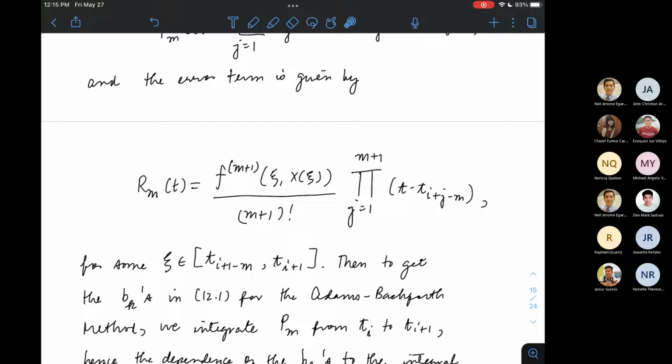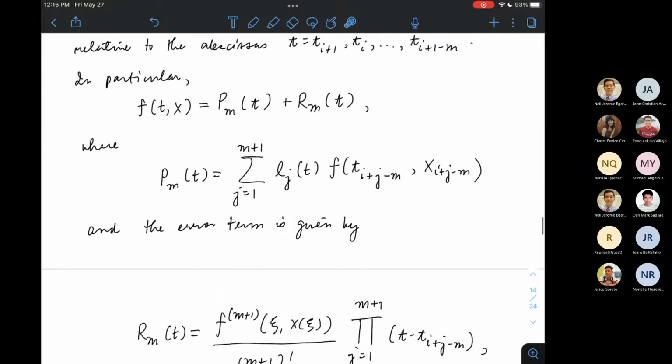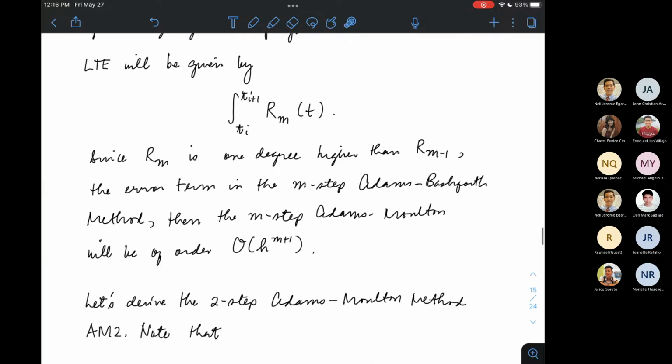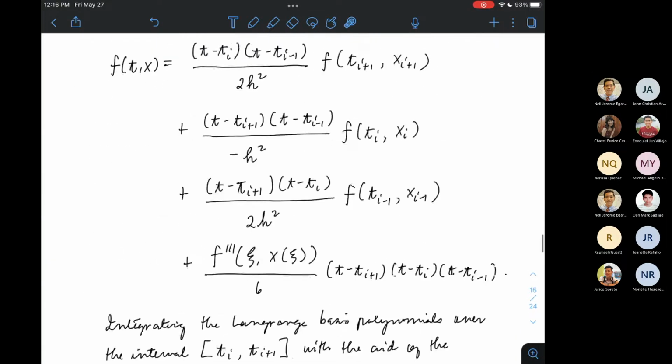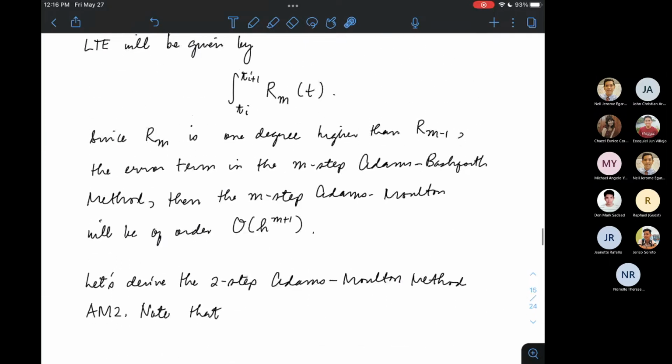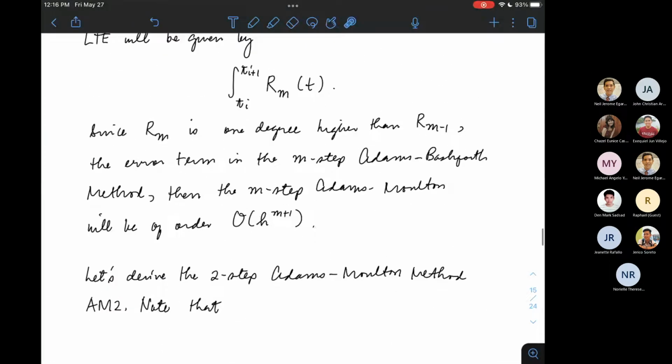Okay. And then from here on, we will just follow what we did for Adams Bashforth. Sa Adams Bashforth, ang ginawa lang natin, in-integrate ko both sides to get the b sub i's dun sa equation 12.1. Actually, hindi ko na pala pinakita yung mahabang derivation o yung generic formula.